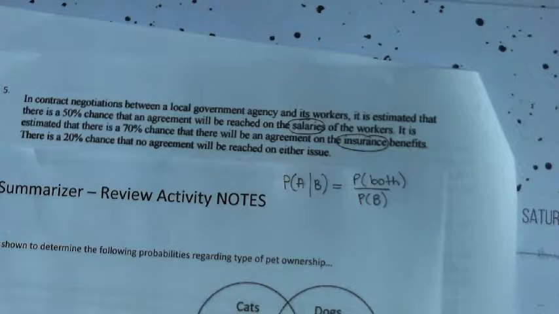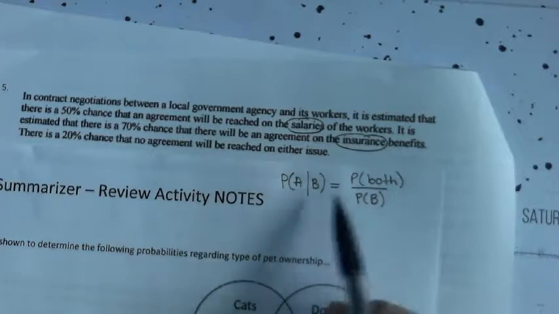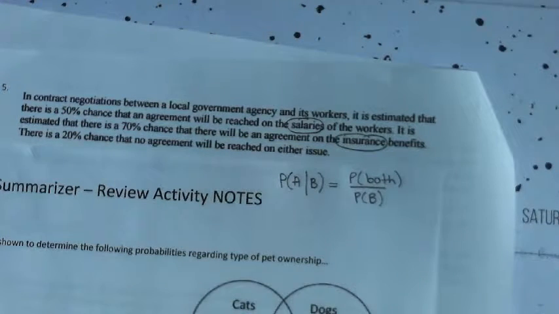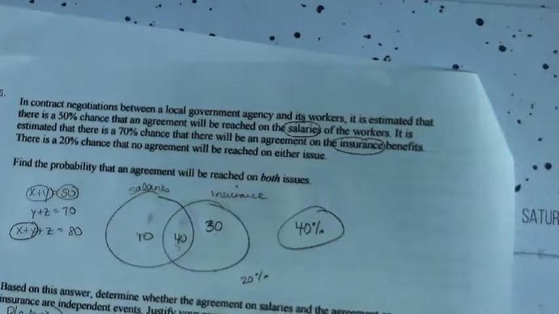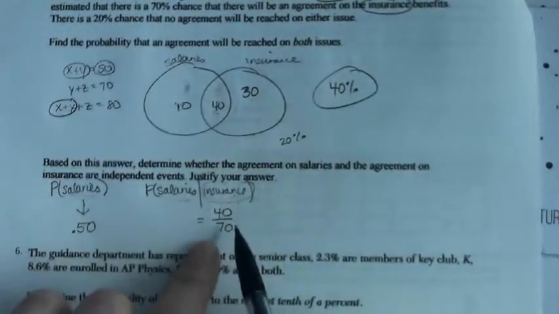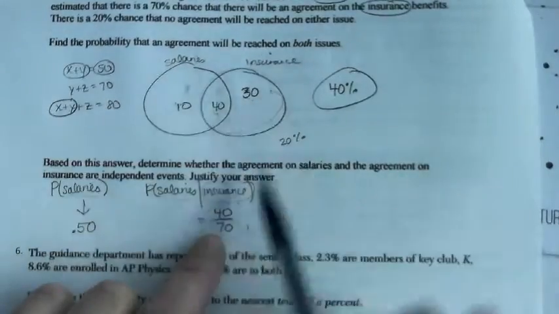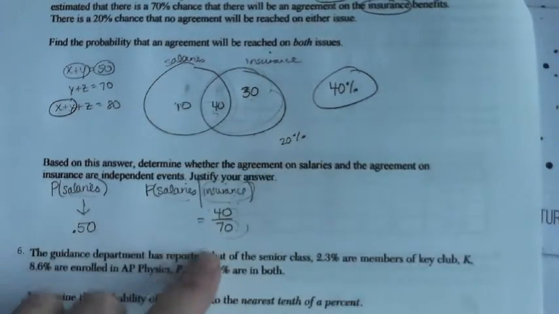I've never presented it that way before, but I'm hoping that that's helpful for some of you. A given B, so B is your denominator, and then the numerator is the probability of both. A lot of people are doing the probability of just A. Does that make sense? So if I look at this again, insurance, that's your denominator, 70, and then both is your 40.